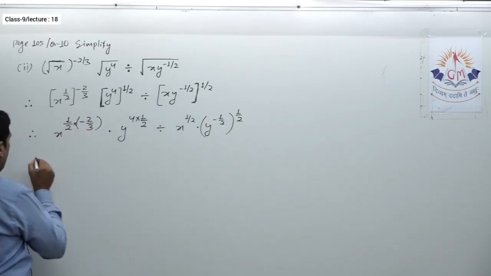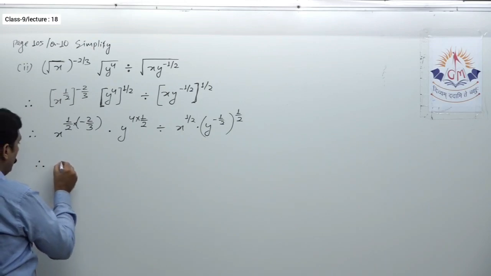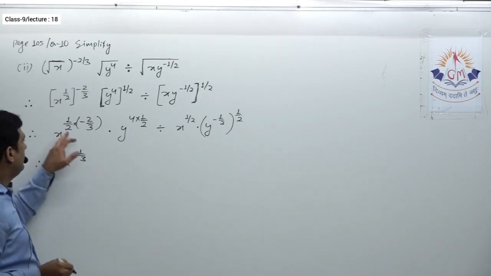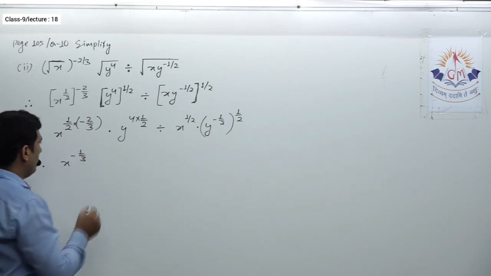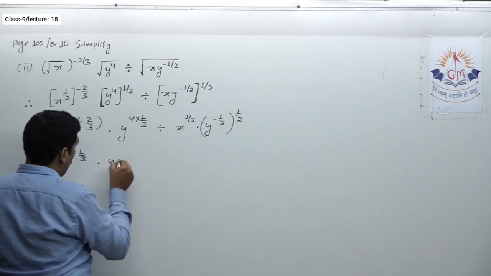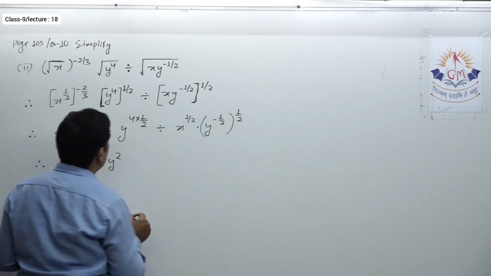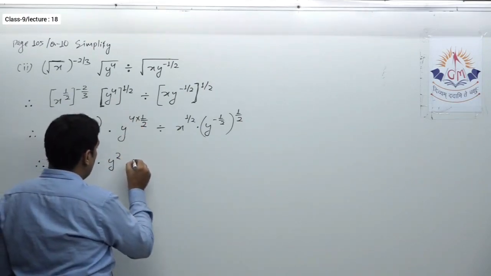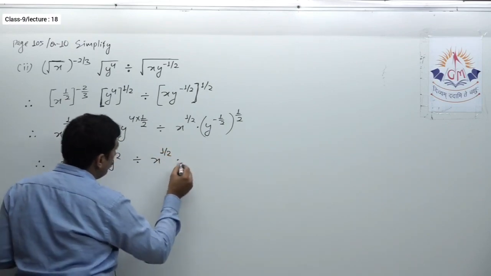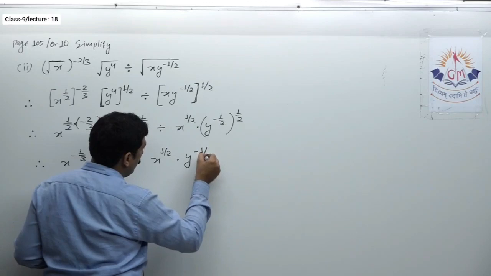So this 2 and 2 will cancel out. Here I do get x raised to minus 1 upon 3 multiplied by y raised to 2, divided by x raised to 1 by 2 into y raised to minus 1 upon 4.